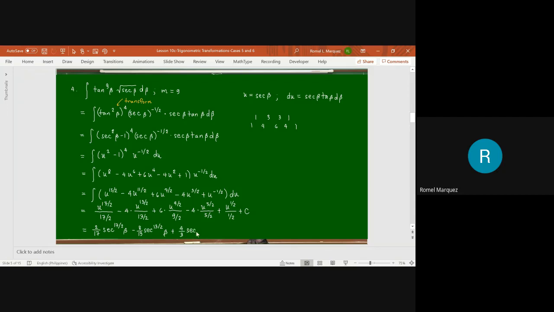Secant to the 9 over 2 of beta, and then minus 8 over 5 secant of beta, this has an exponent of 5 over 2. Oh, wait a minute. Let me write the exponent first. And then finally, we have 2 secant to the 1/2, or that is actually square root, no? Then plus C.